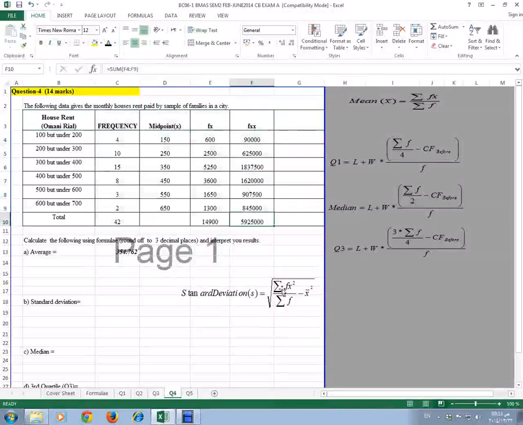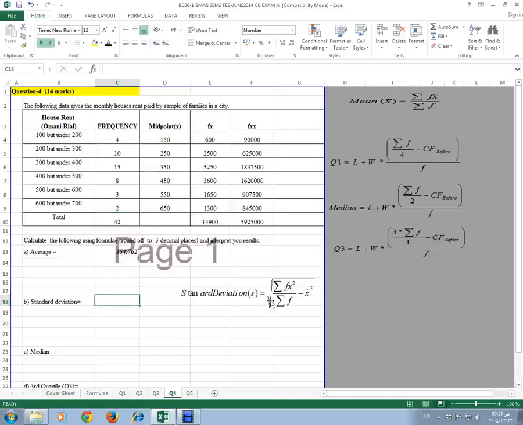This is the total for fx square, and the total of f is here. What is x bar? X bar is the mean, but x bar is squared. That means the mean, make it square. So you cannot calculate standard deviation without calculating the mean. So here we can calculate the standard deviation.